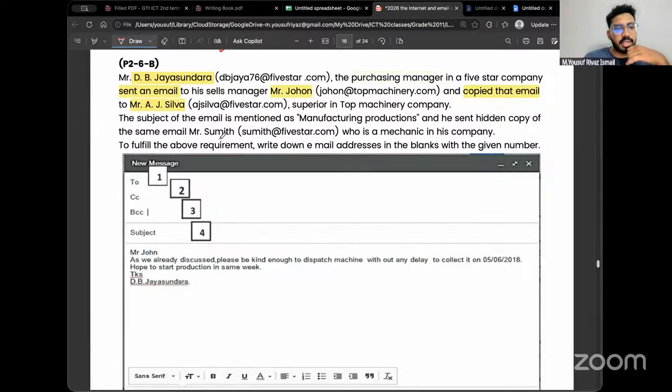The subject of the email is mentioned as manufacturing productions. And he sent a hidden copy of the email to Mr. Sumit, who is a mechanic of his company.